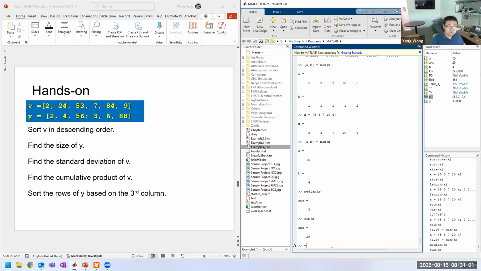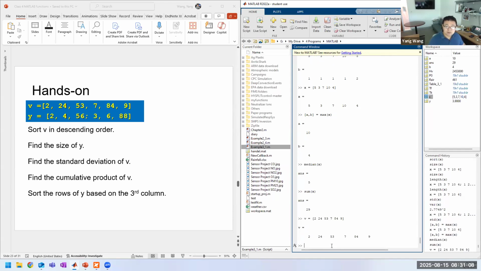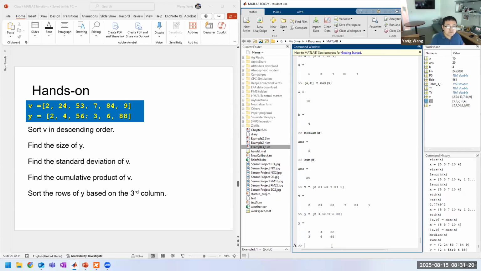So for example, we can define V equals 2, 24, 53, 7, 84, 9, right? Y equals 2, 4, 56, then this is basically a matrix, 3, 6, 88. So sort V in the descending order.